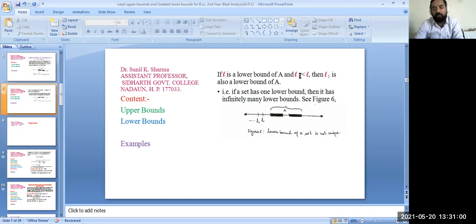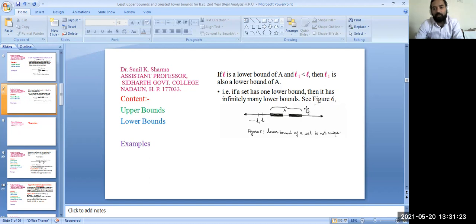In the same way, if L is a lower bound of A and L1 is less than L, then L1 is also a lower bound of A. That is, if a set has one lower bound, then it has infinitely many lower bounds.